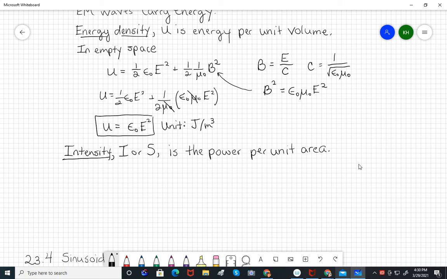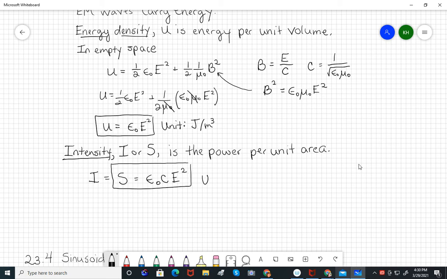Our formula, if you think of this being per cubic meter, and we want it just to be per area, comes out to look like I, which is the same thing as S, is equal to epsilon naught c E squared. Now the book will go through and derive that for you. It's just more fun with algebra.